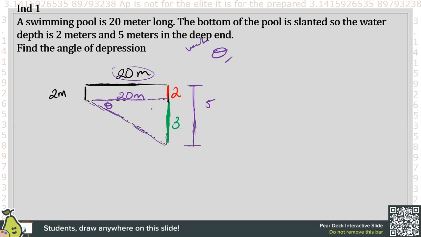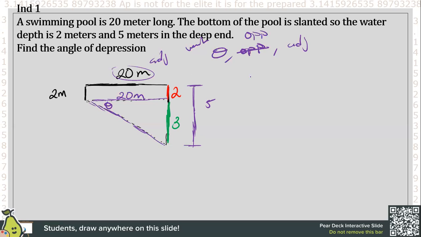We have a length opposite, and we have this length right here, which is our adjacent.